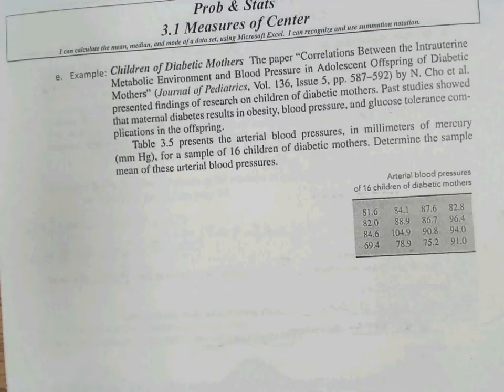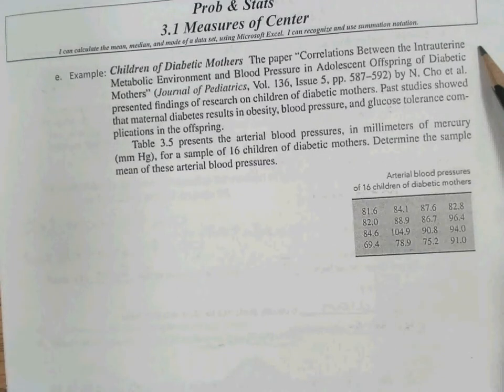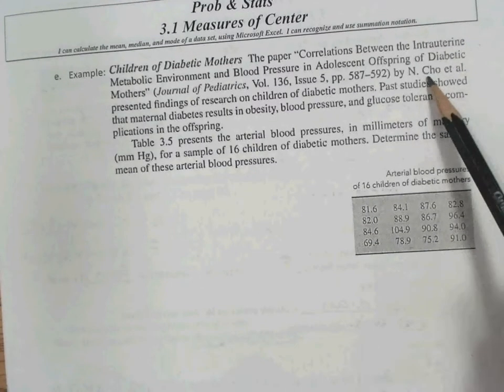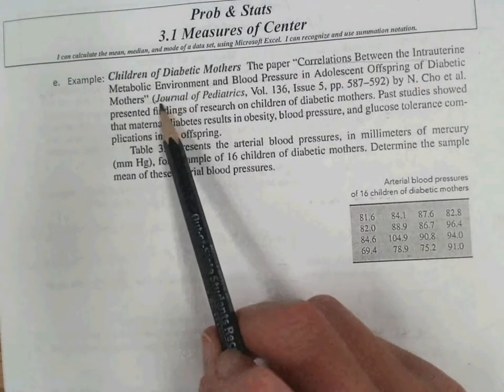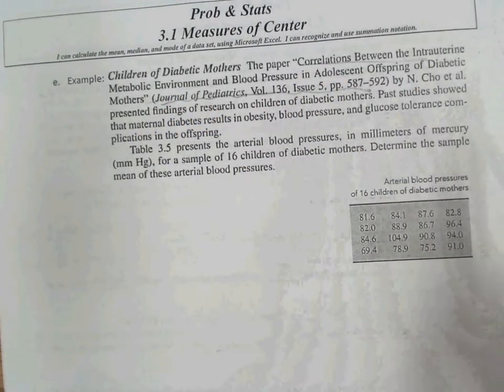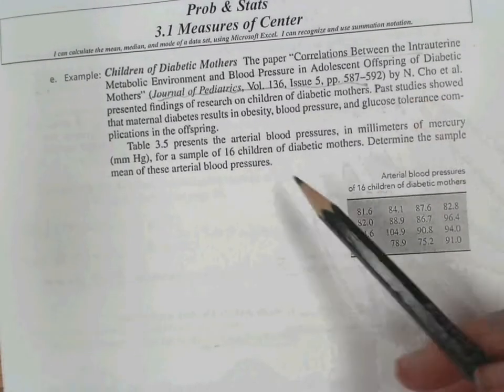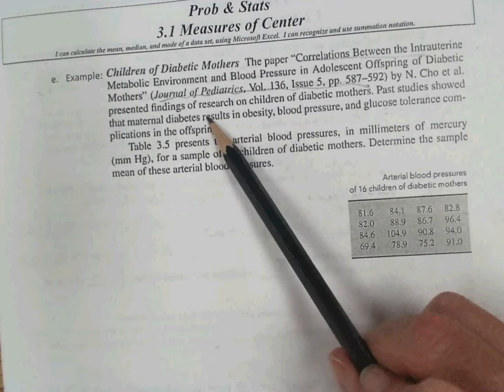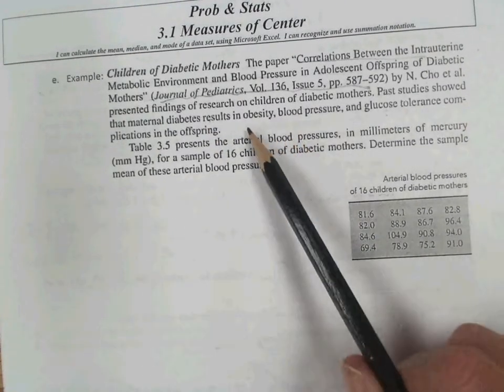So here's our last example. Children of diabetic mothers. The paper, correlations between the intrauterine metabolic environment and blood pressure in adolescent offspring of diabetic mothers. Okay, so you can see we're just talking about, here's the title of our article, and here is our source, the Journal of Pediatrics. And here's our author. Presented findings of research on children of diabetic mothers.